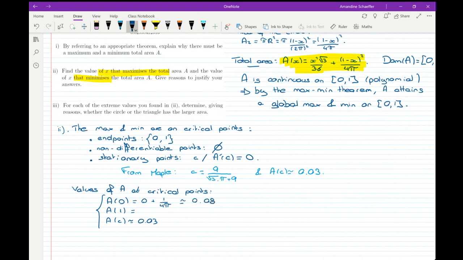And a of 1 is going to be square root of 3 on 36 plus 1 minus 1, and that gives you approximately 0.05. Okay, so you know that the max and the min are going to be one of the three. You compare, well, this is the biggest one, and the smallest one is the min.